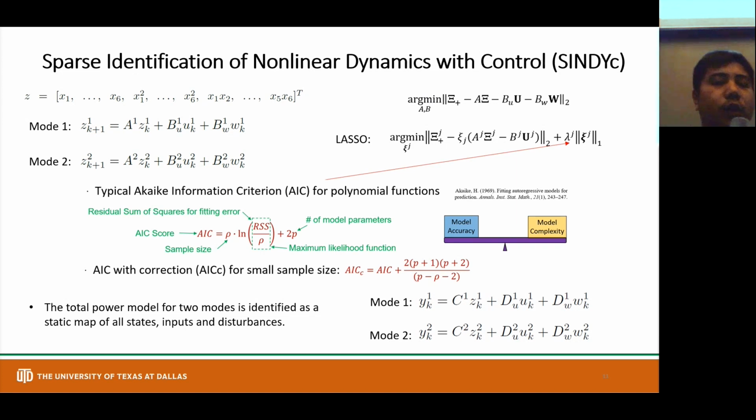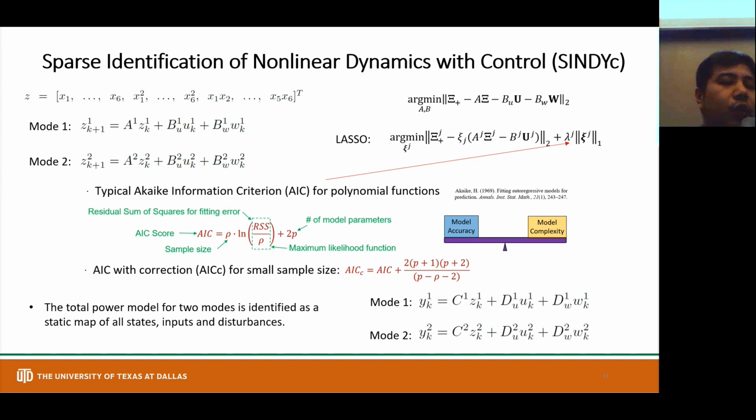To determine the accuracy and simplicity of the identified model, we use the Akaike information criterion to determine which model is the best choice. This information criterion represents the trade-off between model accuracy and model complexity.